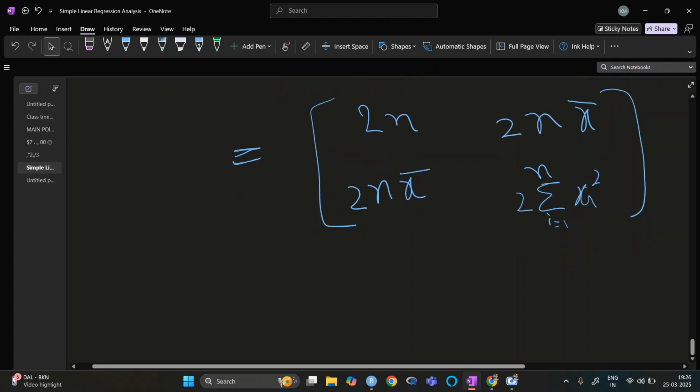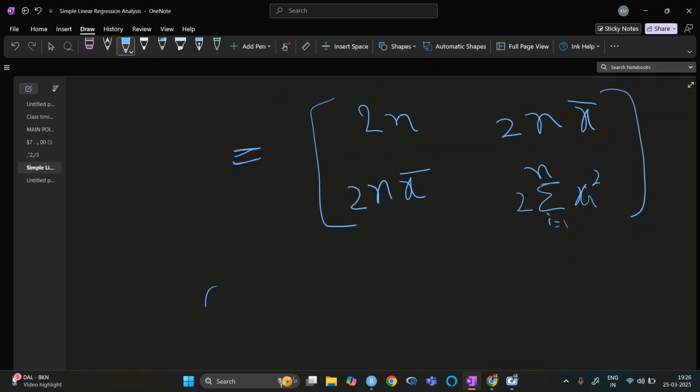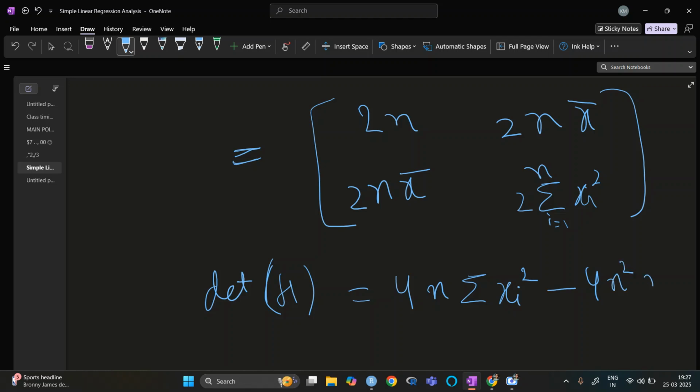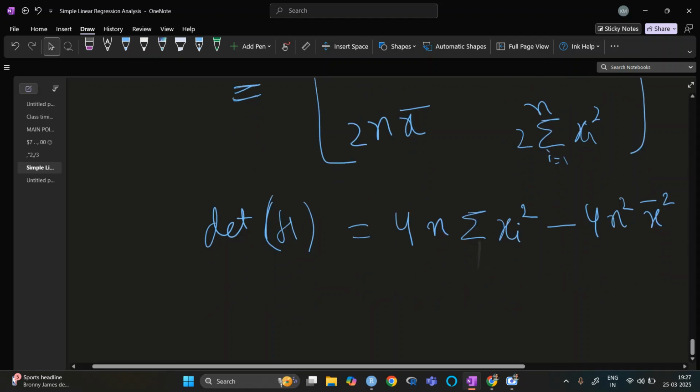Now if we try to find the determinant of H, the determinant of H will be 2n multiplied by this, so it will be 4n summation of xi square minus 4 n square x bar square.